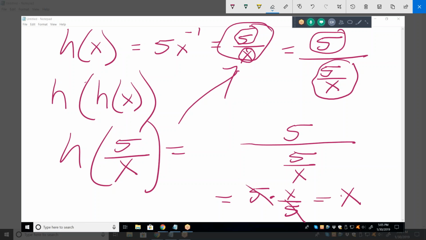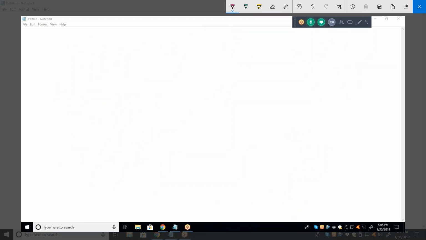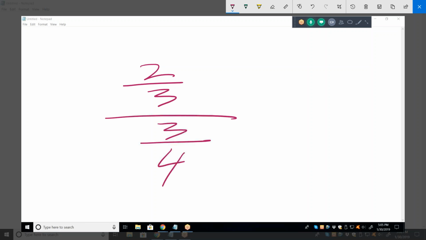Hold on. I don't want to leave the subject. Divide 2/3 by 3/4. So it's going to be 2/3 times 4/3, which the threes are going to stay the same, and then it's going to be 8/3.